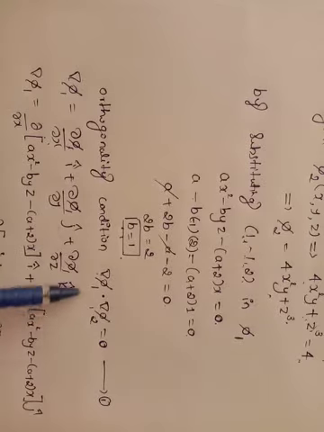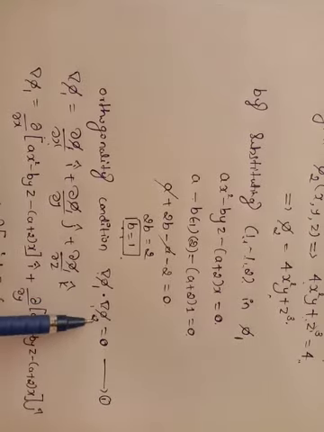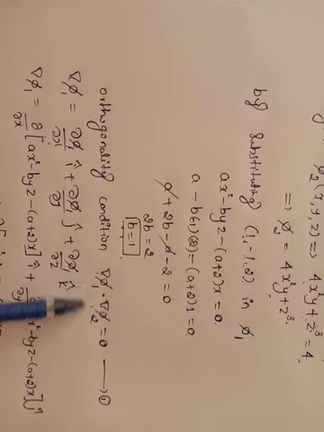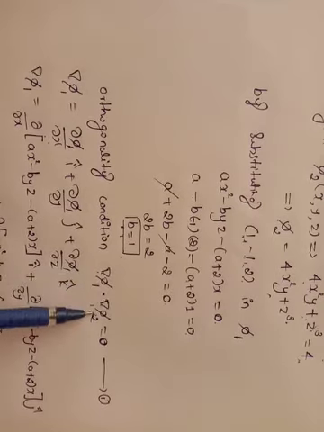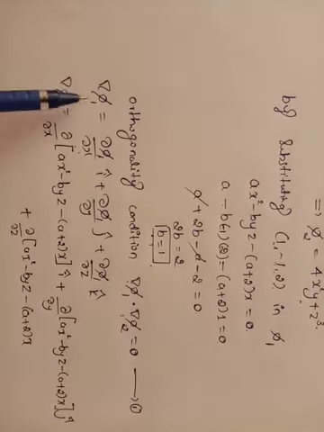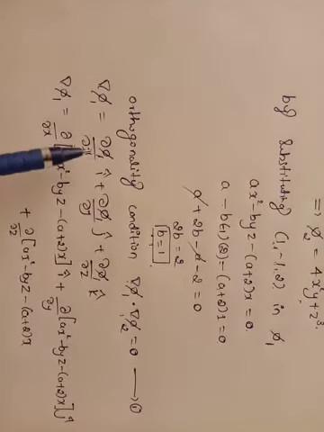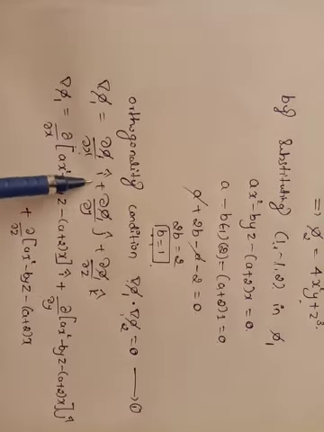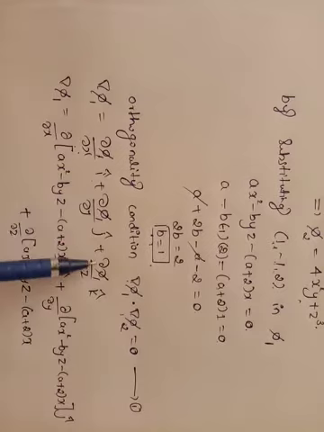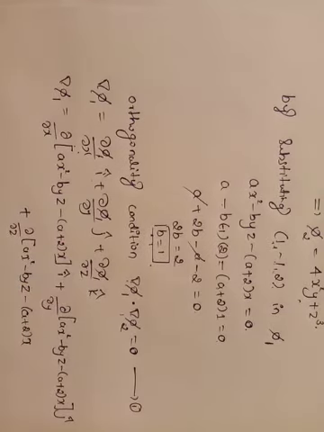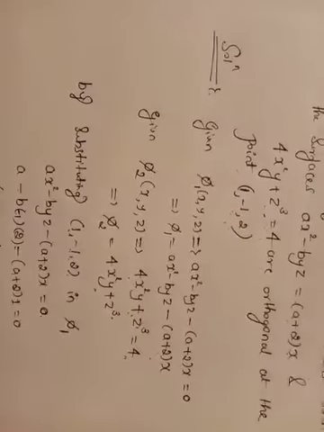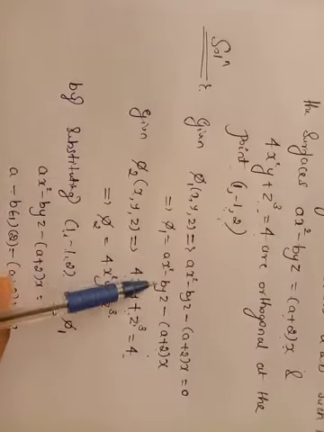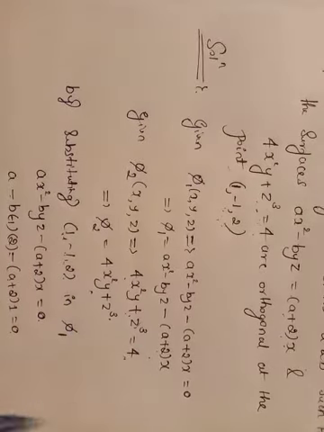For the condition del phi 1 dot del phi 2 equals 0, we need del phi 1 and del phi 2. First find del phi 1. Del phi 1 is the gradient: dou phi 1 by dou x into i plus dou phi 1 by dou y into j plus dou phi 1 by dou z into k. Phi 1 is ax square minus byz minus (a plus 2) of x.